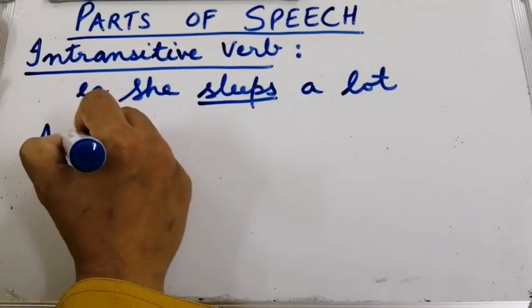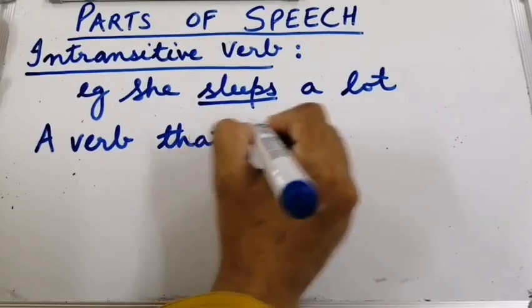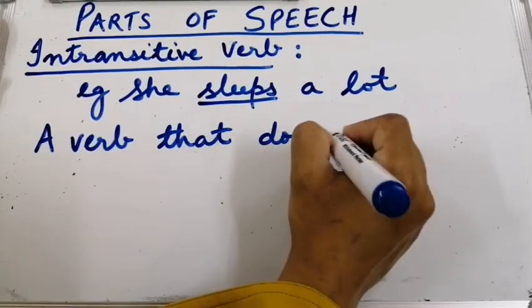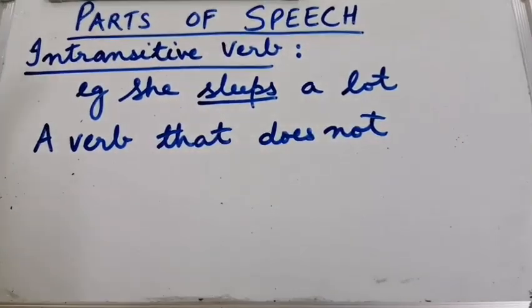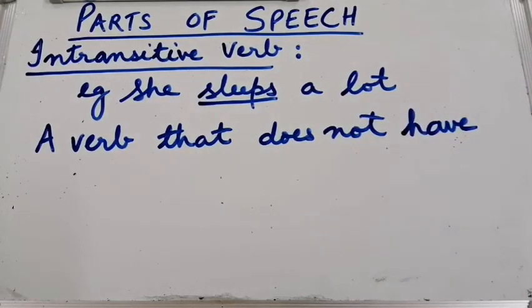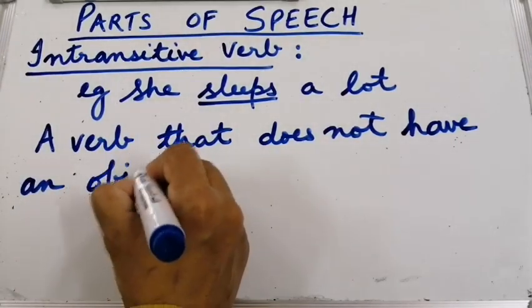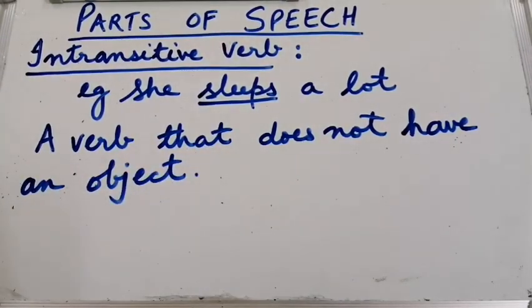So the definition will be: a verb that does not have an object. Okay.